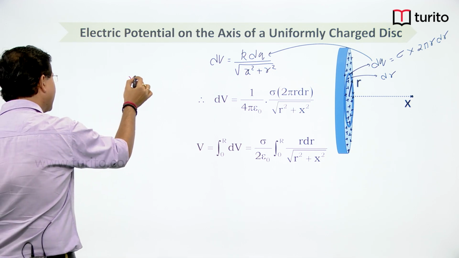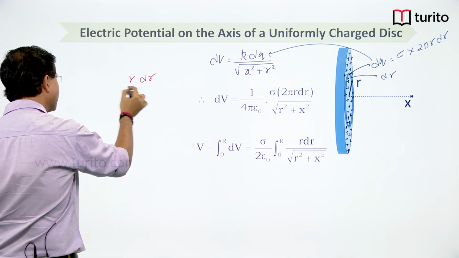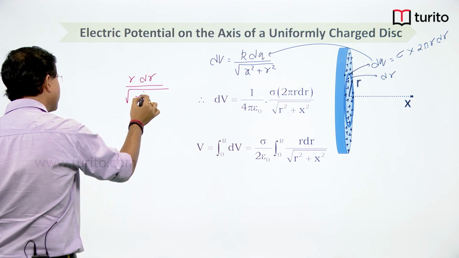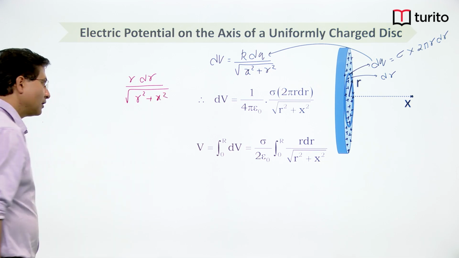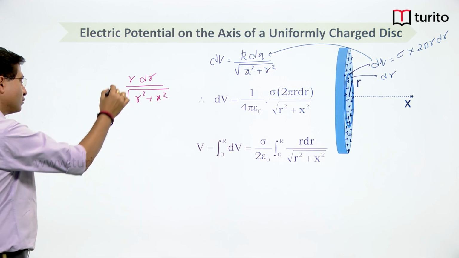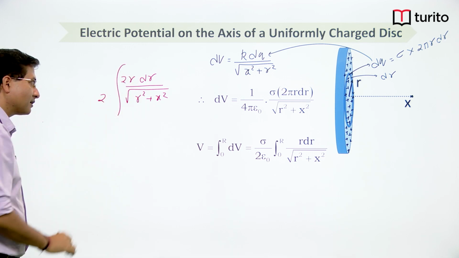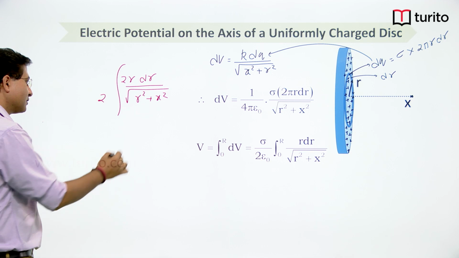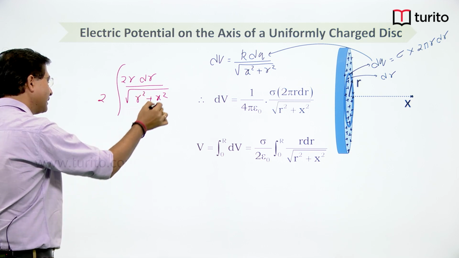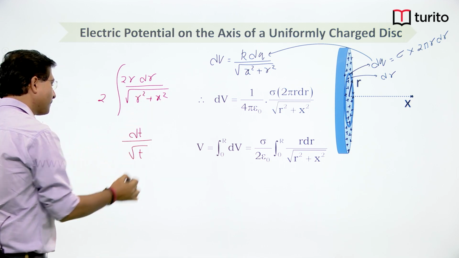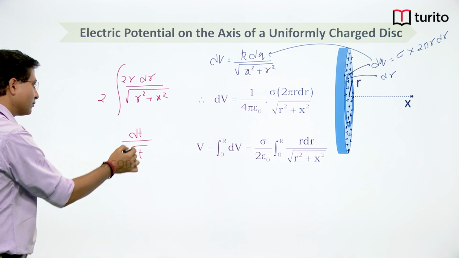So, this is r dr under root r square plus x square. If I multiply and divide by 2 and integrate this expression alone, then the upper term will become dt if this is t. I hope you are understanding what I am doing.